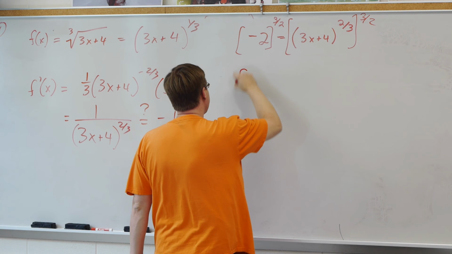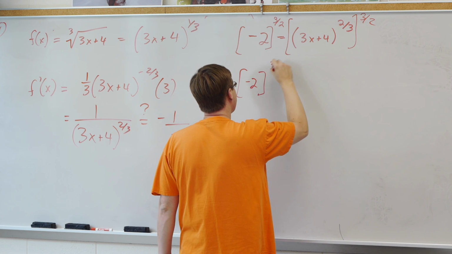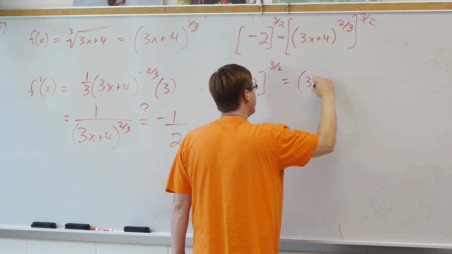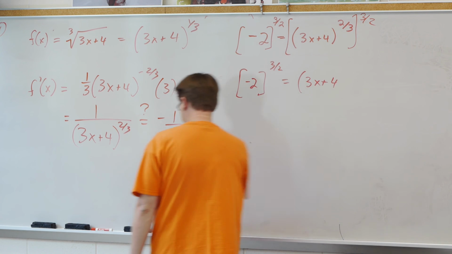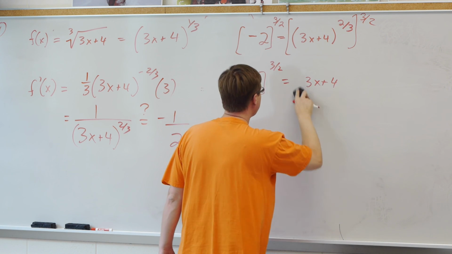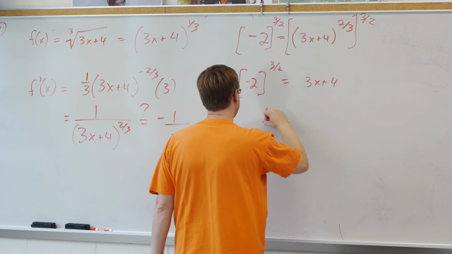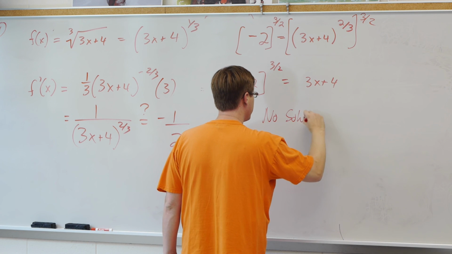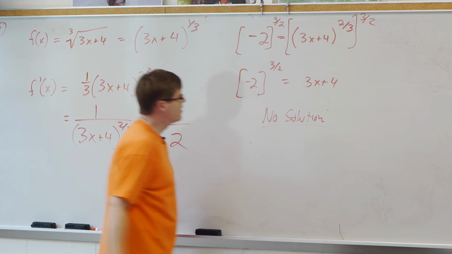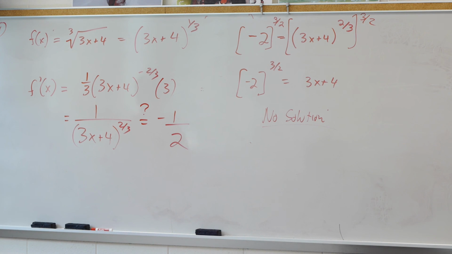So that gives me negative 2 to the 3/2 equals 3x plus 4. And the good news is that we're done, because this is no solution.